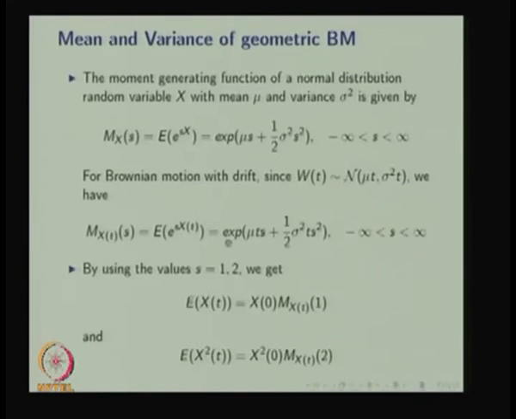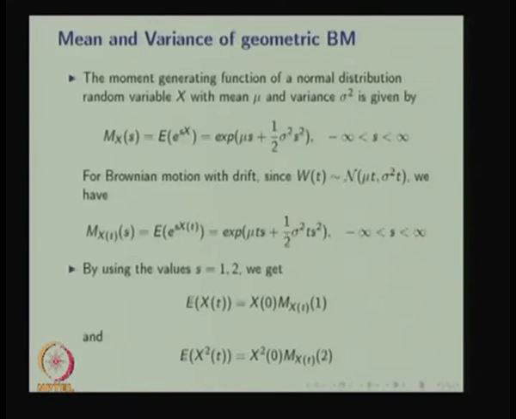Since wt is normally distributed with the mean mu t and variance sigma square t. For a standard normal distribution, the mu is 0 and the variance is 1. So that is the same as exponential of mu t s plus half of sigma square t s square.